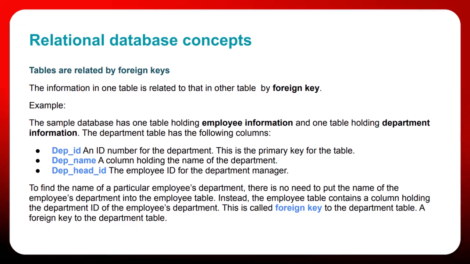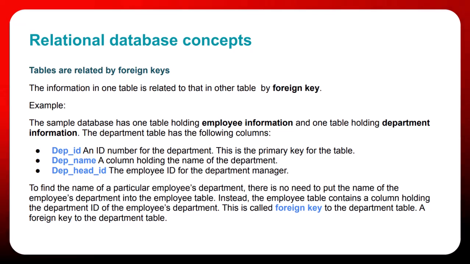As you know, in a database we have more than one table, so we need a foreign key for the tables, which makes sense because how else can we relate the tables? The sample database has one table holding employee information, and one table holding department information.